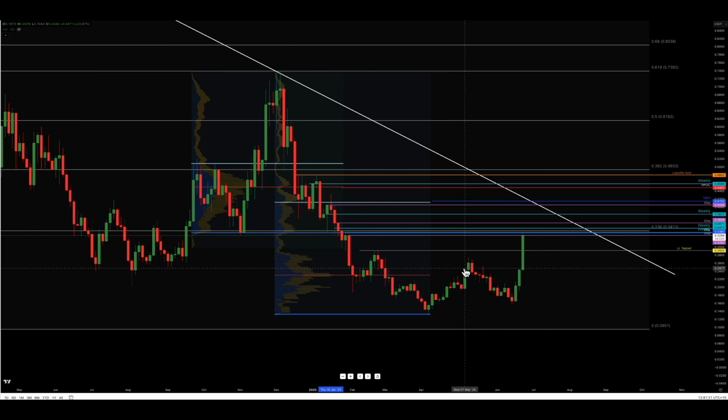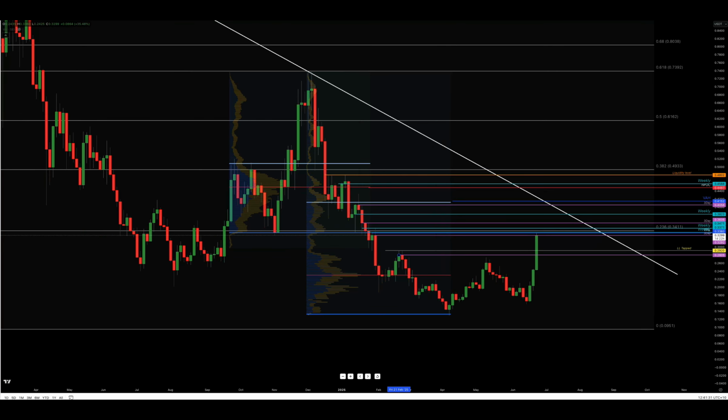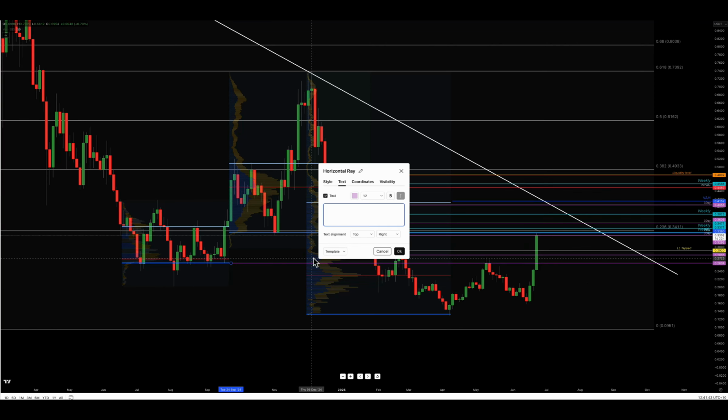So we've mapped it out. Let's do this. That is a liquidity level. And one more thing here, let's do this one, previous price level. We can see this level was of significance back then.